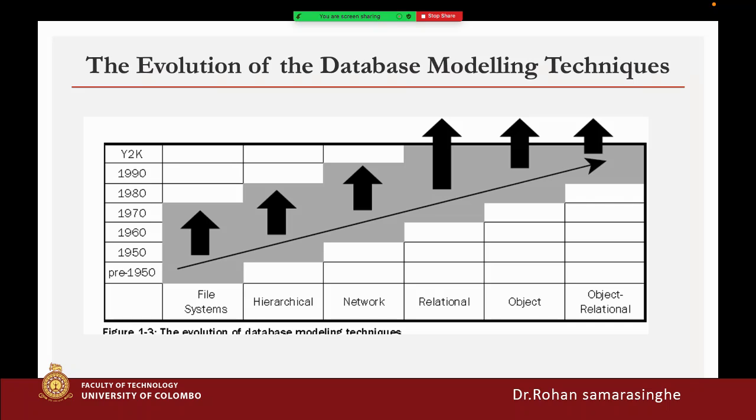So there may be some difficulties compared to the relational data model. Then, combining the relational modeling techniques and object-oriented database techniques, object relational databases were introduced in the 1990s.